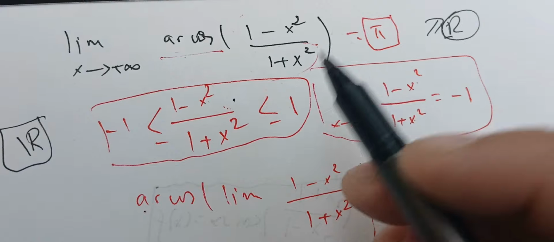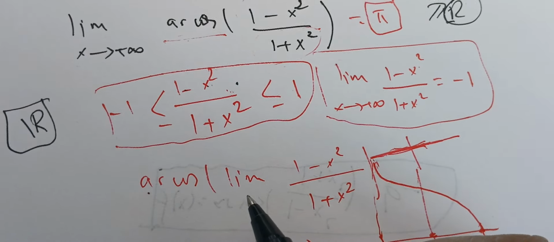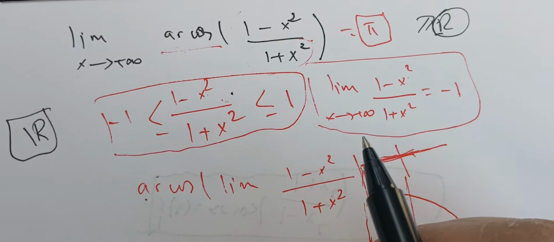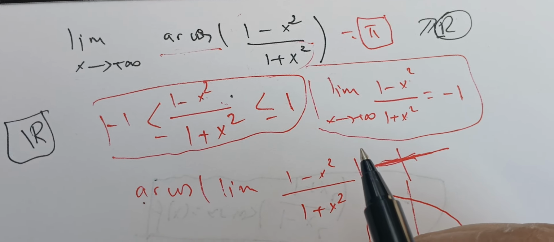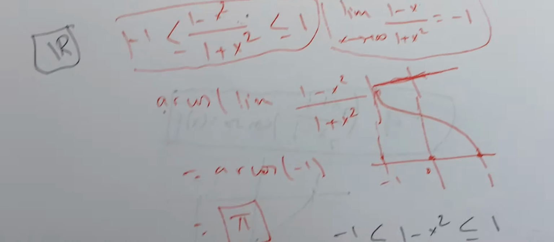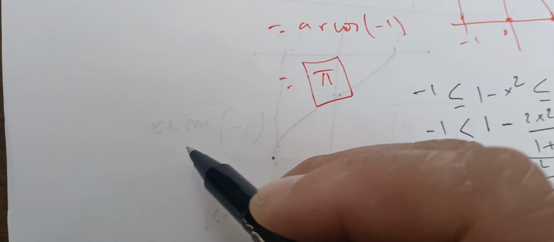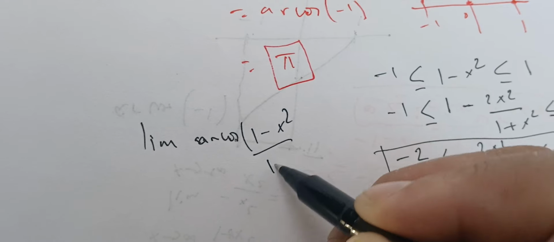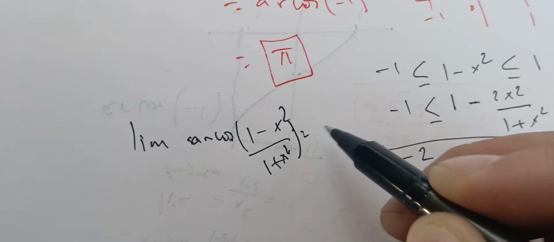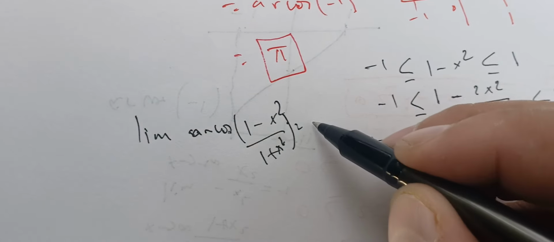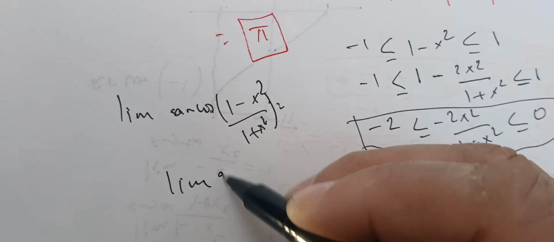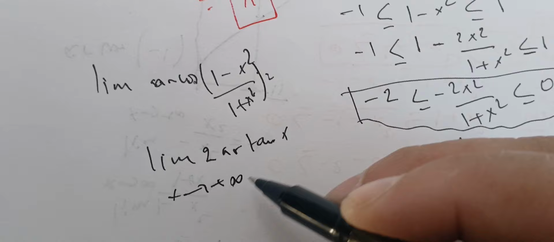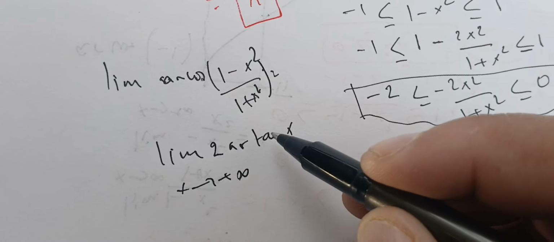There is another way to simplify this function. We can write the arccosine of (1 minus x squared) over (1 plus x squared) as 2 arctangent of x. Then the limit is the limit of 2 arctangent of x, and we know that the limit of the arctangent is pi over 2.